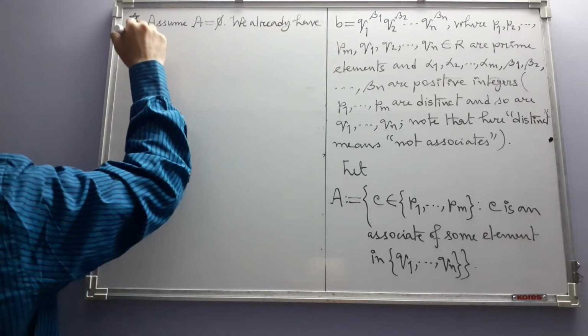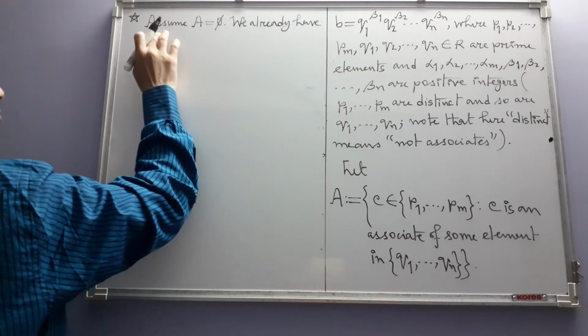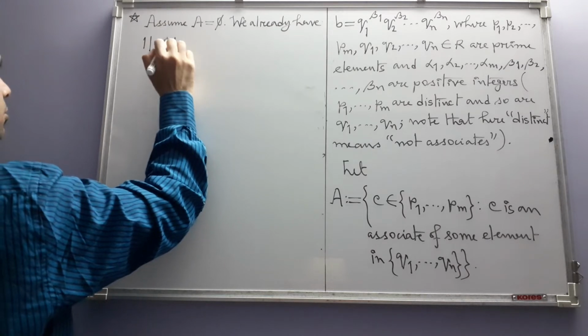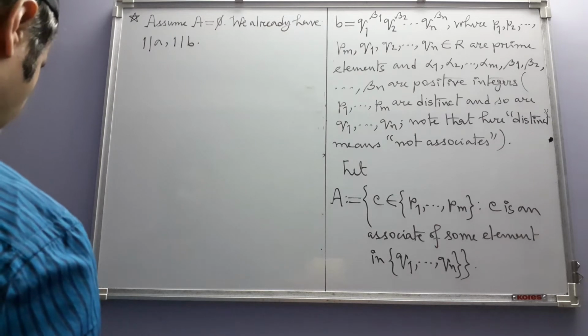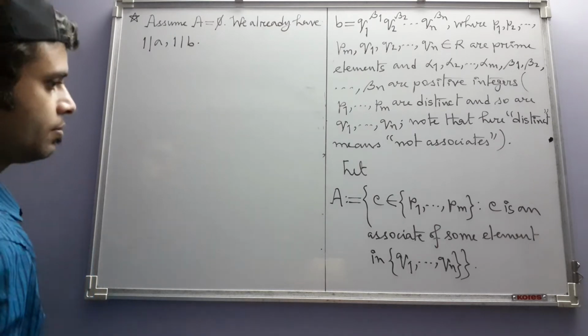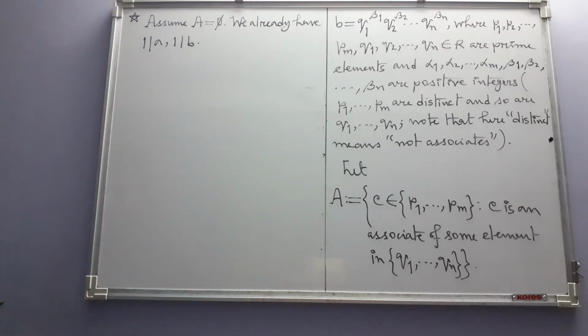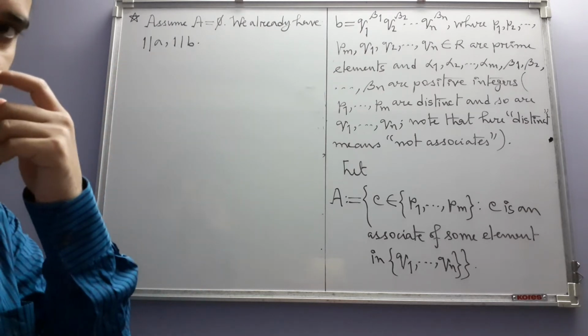We already have the unit element 1 dividing both a and b. Now, is it possible for something else to divide both a and b that is not a unit?